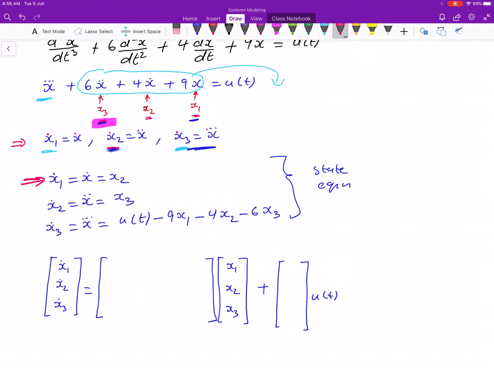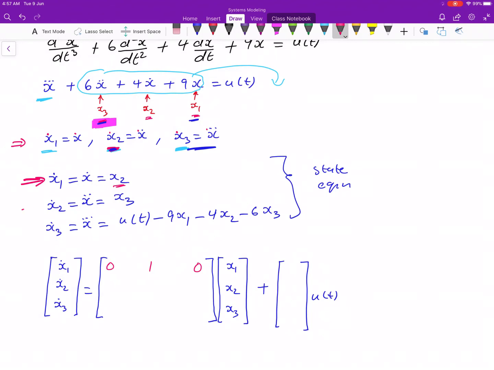So x1 dot is equal to x1 times 0, meaning we don't have anything, times x2 we have a 1, and x3 is not in that equation, so we put a 0 there.